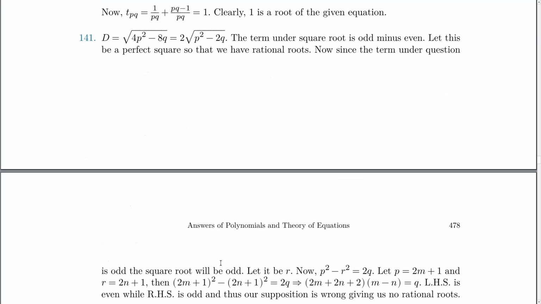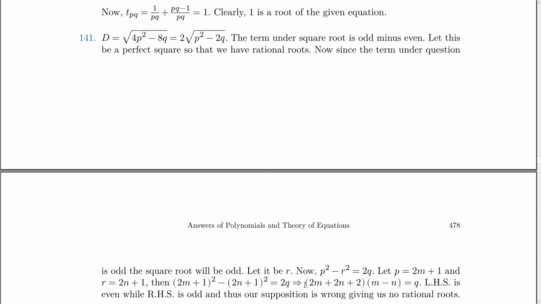So we let the roots be r. If you let this term to be r, then p square minus 2q is equal to r square. So p square minus r square is equal to 2q. Now, if p is odd and r is odd, then the squares would be odd, which we have shown here.